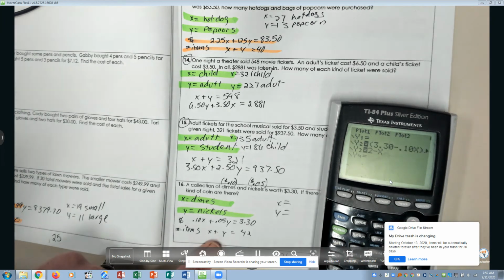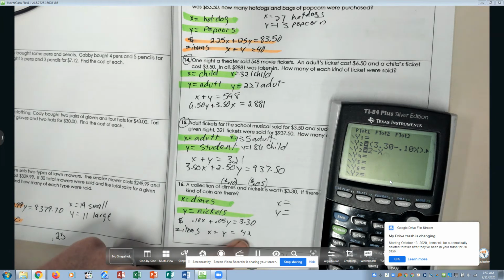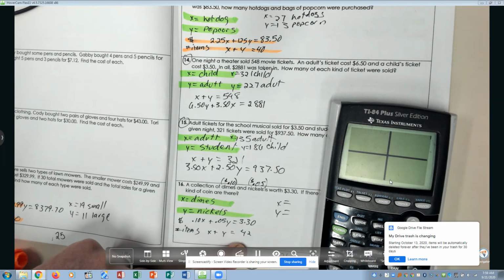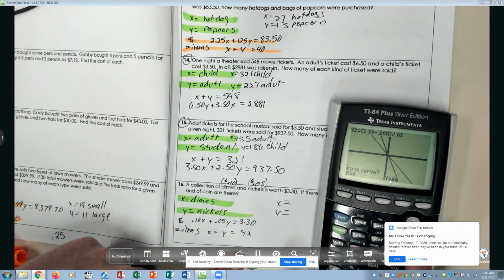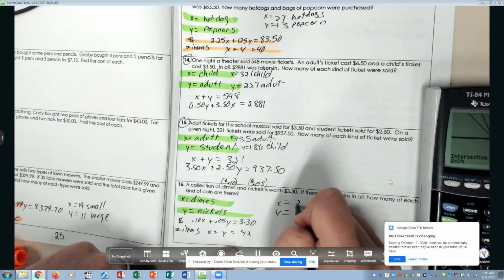I shouldn't get a negative. 330 minus 10X. Here it is. 42 minus X. I knew I made a mistake once I had that negative number. Second calc, 5, enter, enter, enter. 24 dimes, 18 nickels, and together they add to 42.